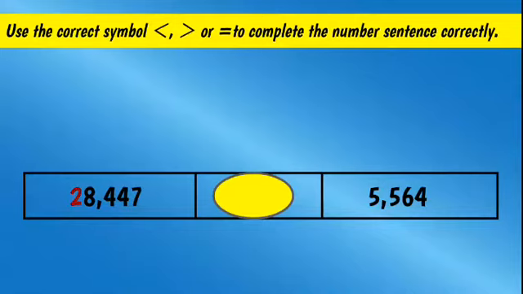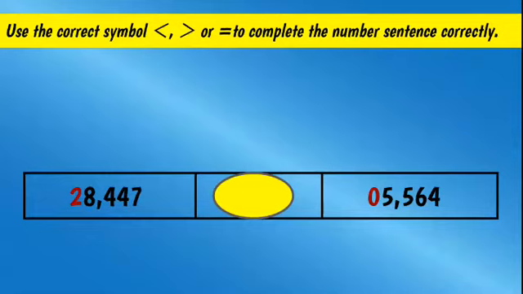So let's compare our first digits. Our first number has a 2, which has a value of 20,000, and we go to the next number. Here we have 0, since that number has no 10,000s digit.